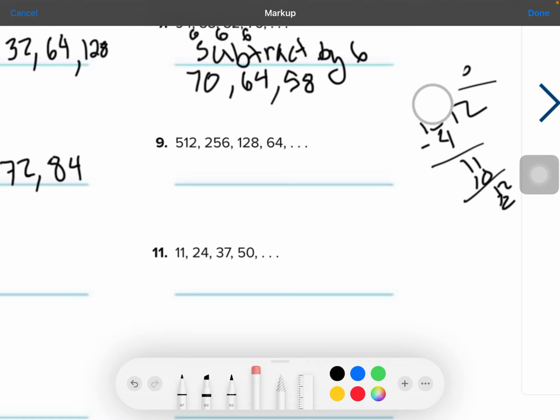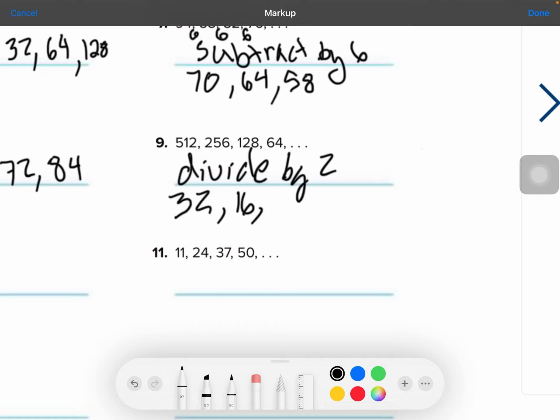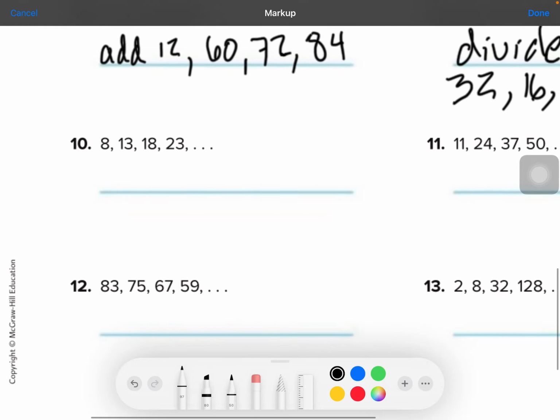So it is dividing by 2. So 64 divided by 2 is 32. 32 divided by 2 is 16. 16 divided by 2 is 8.